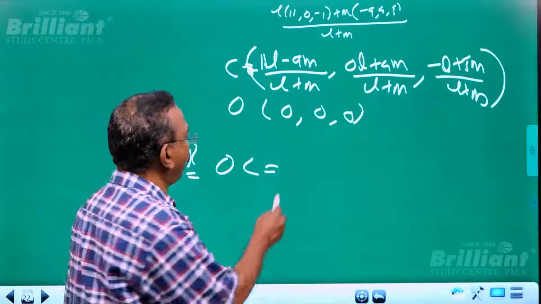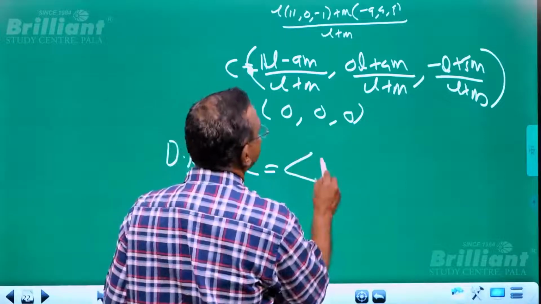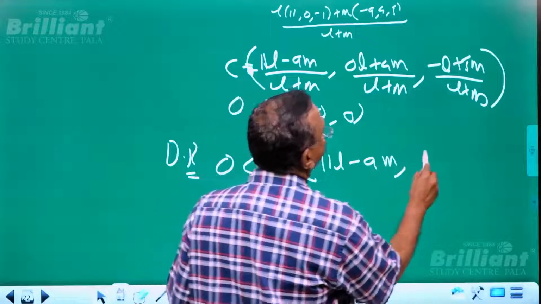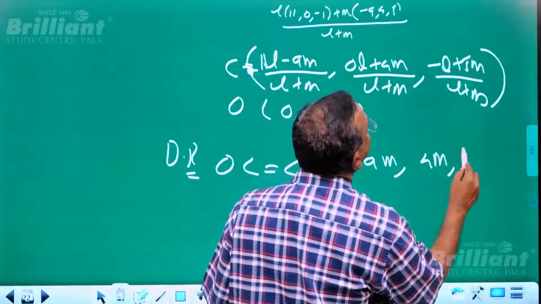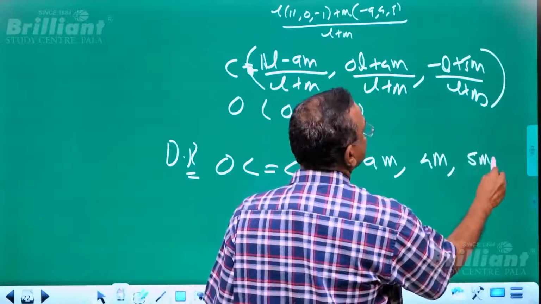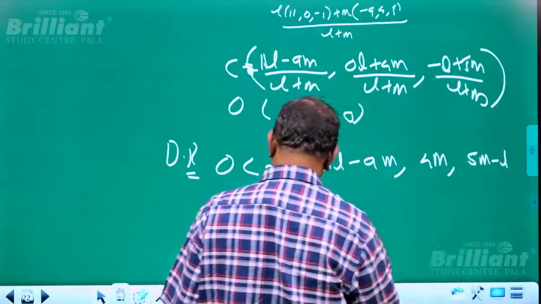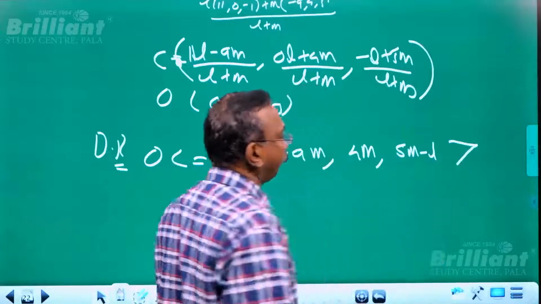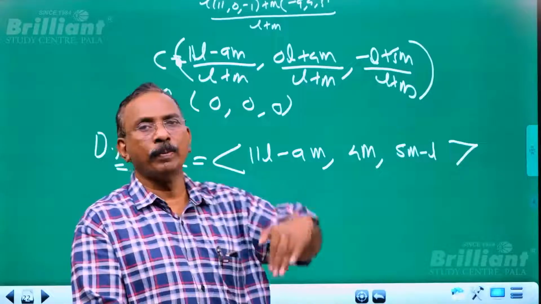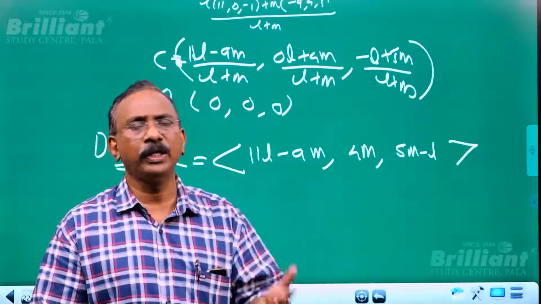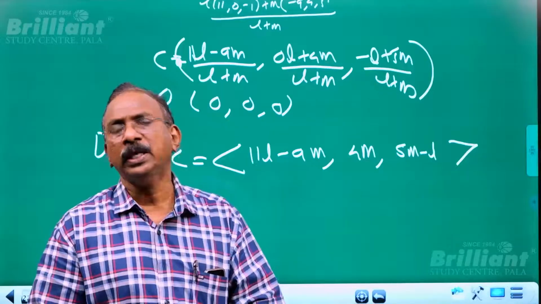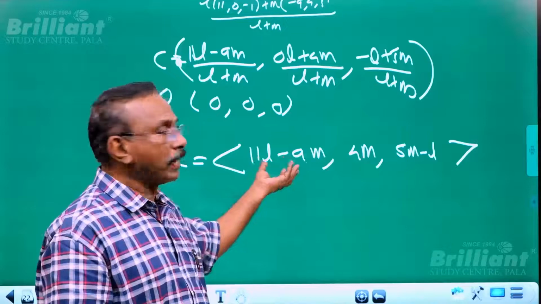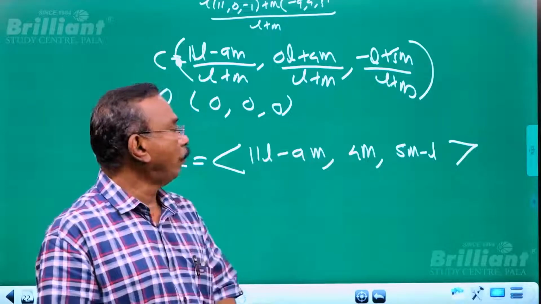You can directly put the direction ratios proportional to 11L minus 9M, 4M, and 5M minus L. It's not a point, but the direction ratios. Since we want the ratio, we can multiply through by L plus M, so the direction ratios are 11L minus 9M, 4M and 5M minus L.